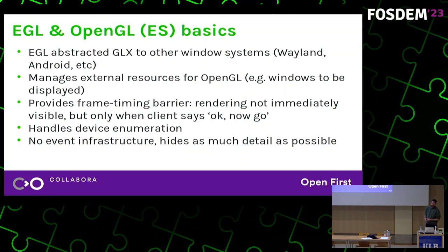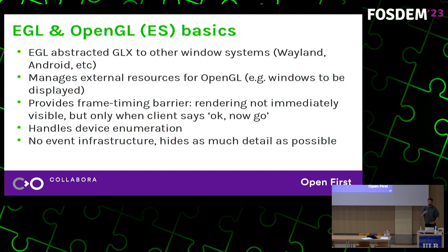And then, yeah, EGL is just an abstraction of GLX. So rather than just being plug GL into X11, it lets you do Wayland, Android, whatever. And all it really does is give you windows that you can share with the windowing system, gives you some vague notion of timing, but it doesn't have any kind of events.